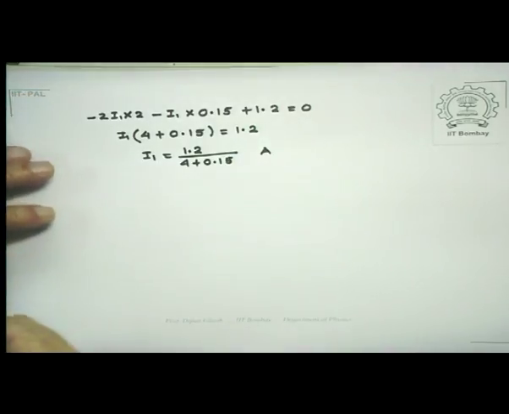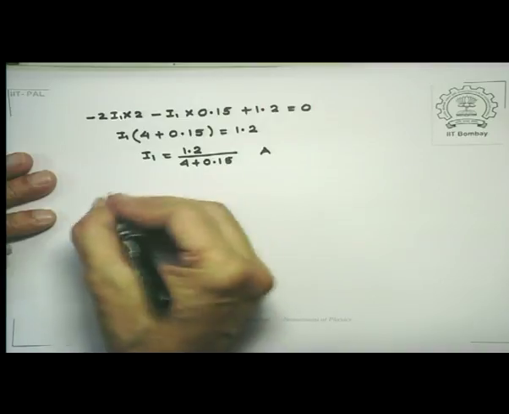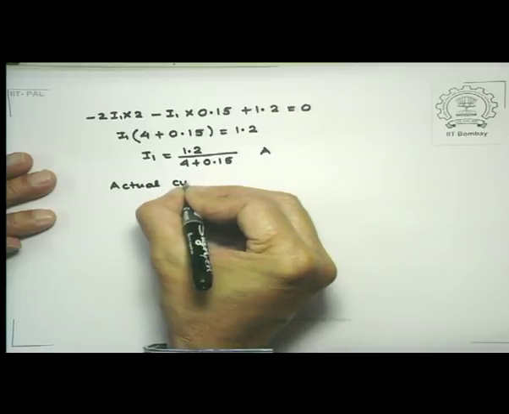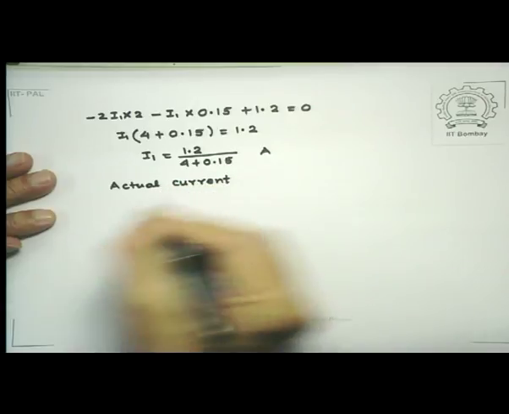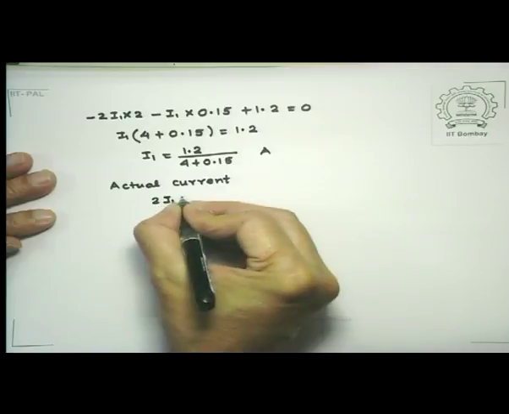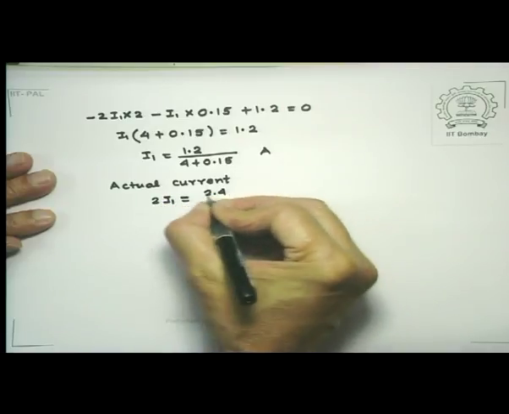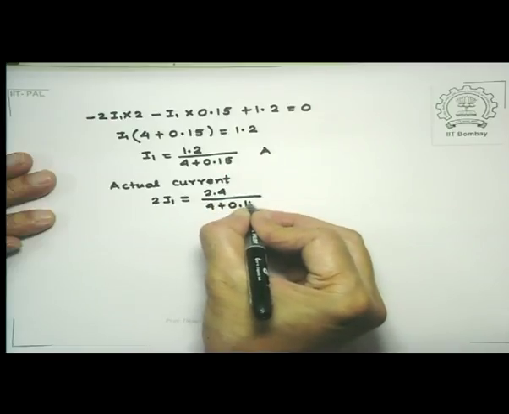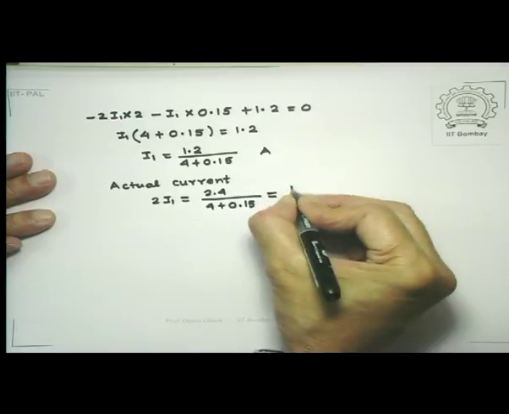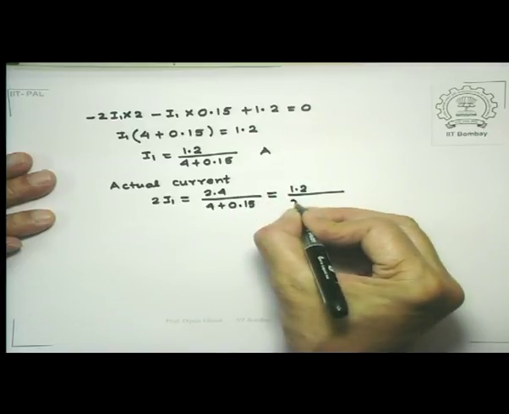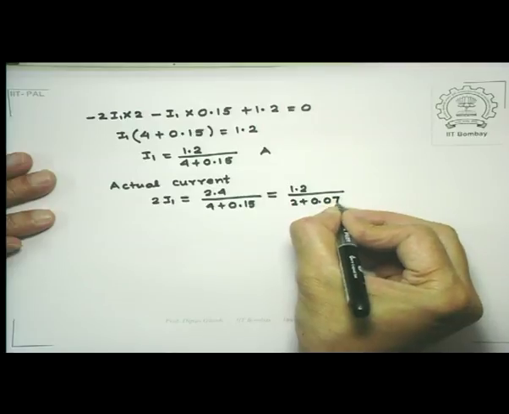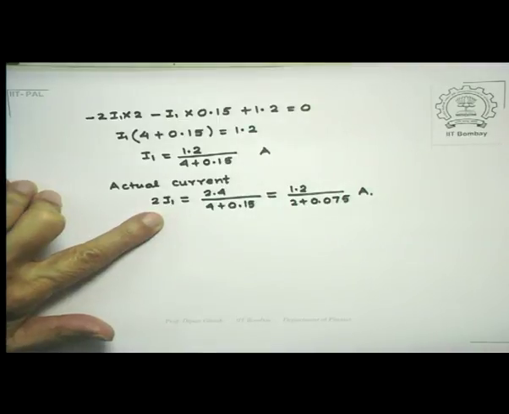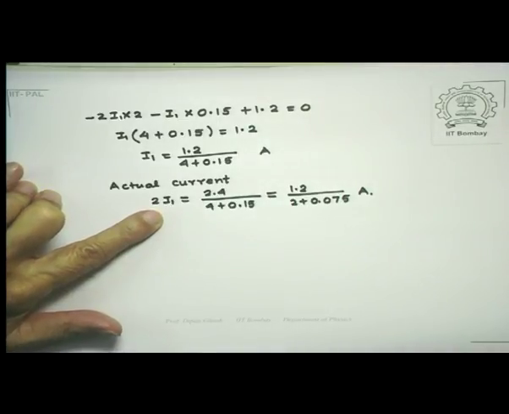Now the actual current in the circuit is 2I1, that's equal to 2.4 divided by 4 plus 0.15, which you can rewrite as 1.2 divided by 2 plus 0.075 amperes. This 2I1 is the current that is passing through the 2 ohm resistance.